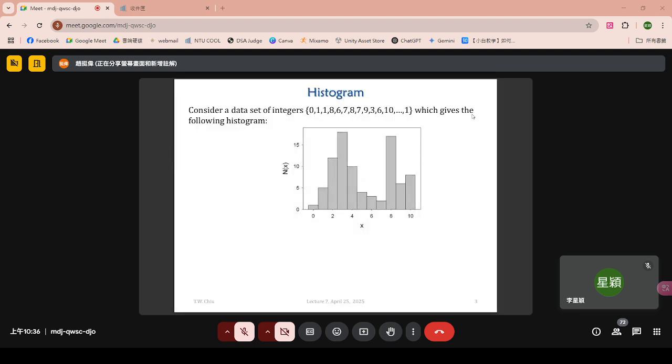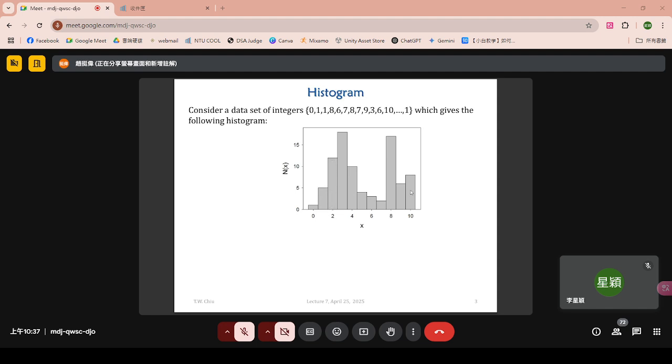Histogram. Okay. So consider I have a data set of integers, very simple. They're positive integers from 0 to 10, for example. And then this sequence, say how many 0s, how many fall into 1, how many of 2.